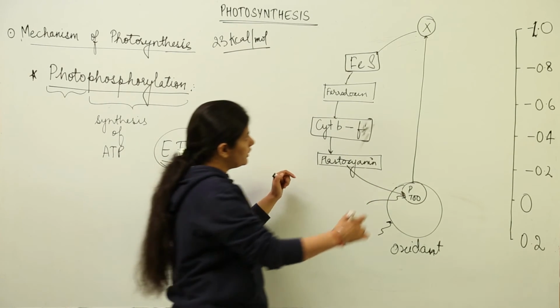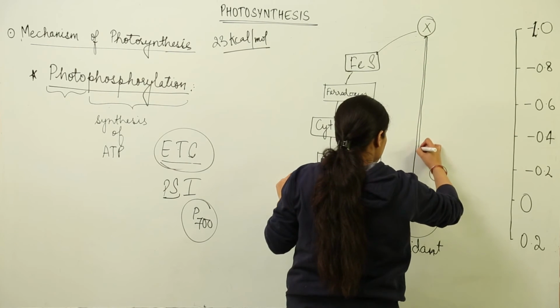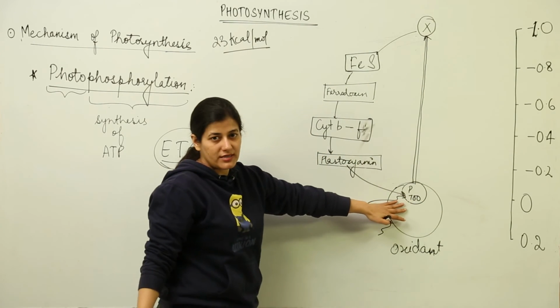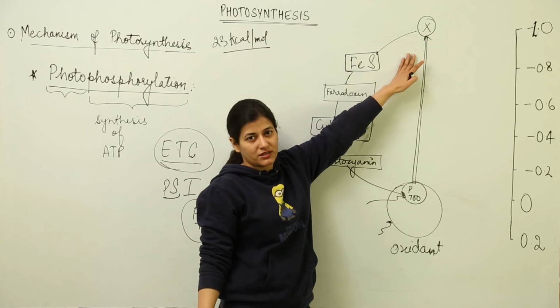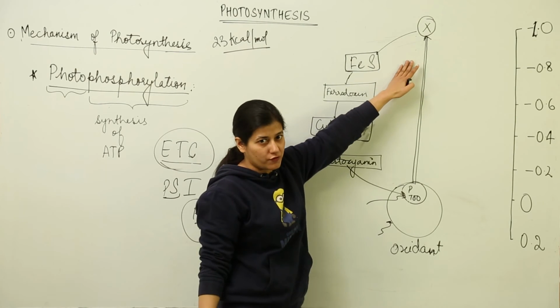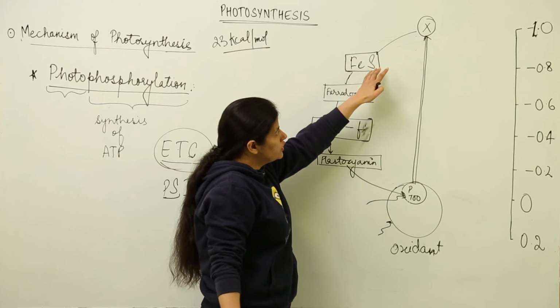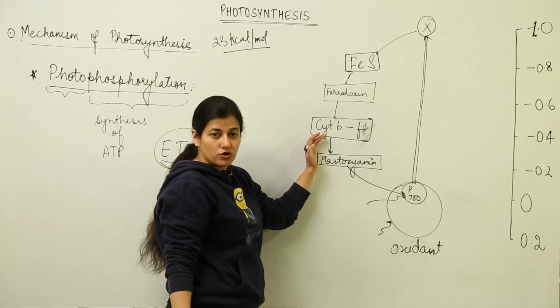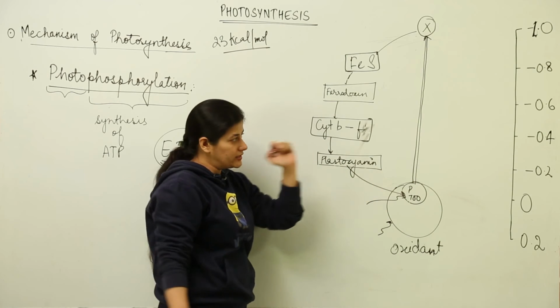So what you see over here, that the electron has traversed a cycle sort of region where it got excited from P700, that is photosystem 1, to an electron acceptor, that is agent X, a special type of chlorophyll which becomes a reducing agent. It gives the electron to FeS, then it gives it to ferredoxin complex, then cytochrome BF complex, then to plastocyanin, and then back to P700.